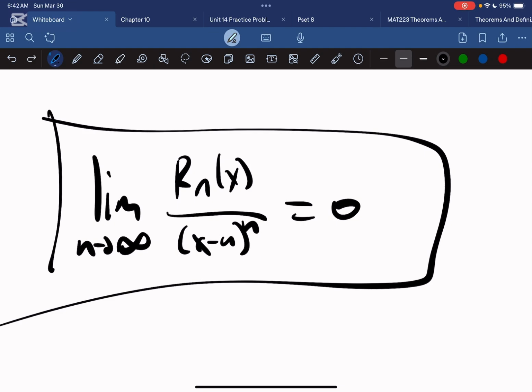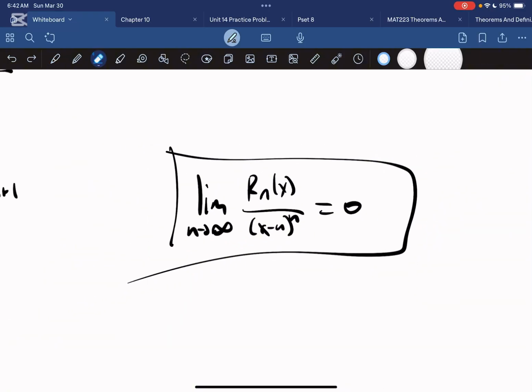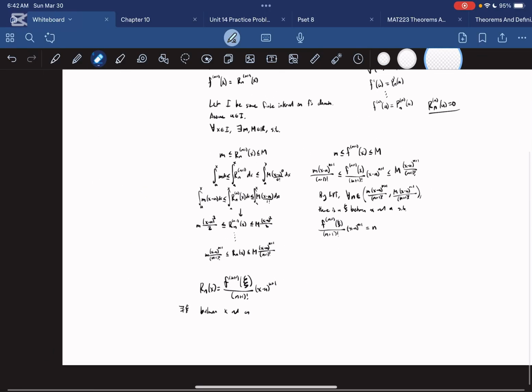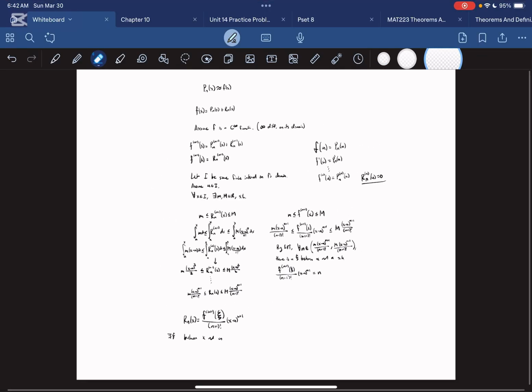In fact, I think this is the definition of analytic, meaning the Taylor series is straight up equal to the function. So that's very important. But now, because that's Lagrange's, I want to introduce another theorem called the integral remainder theorem.